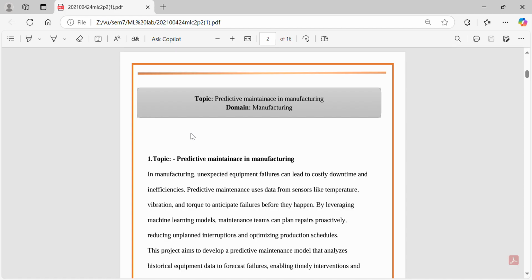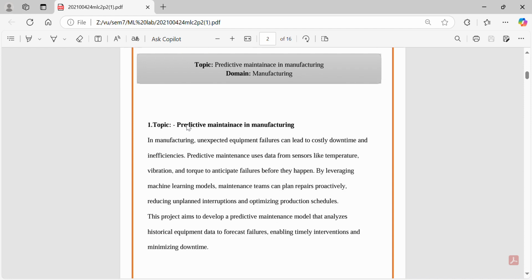So, what is maintenance? Maintenance is the process of preserving equipment so that it keeps performing its functionality to run the industry, and it requires regular inspection, repair, and replacement. It ensures that the machine operates effectively and reduces the likelihood of unexpected breakdowns.